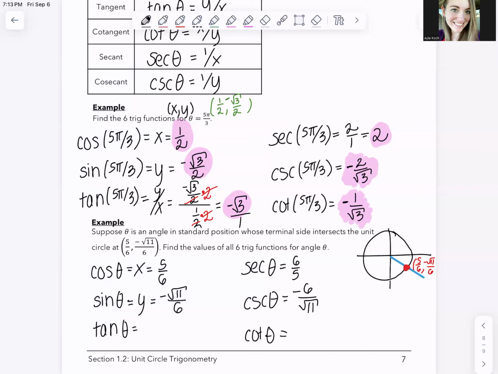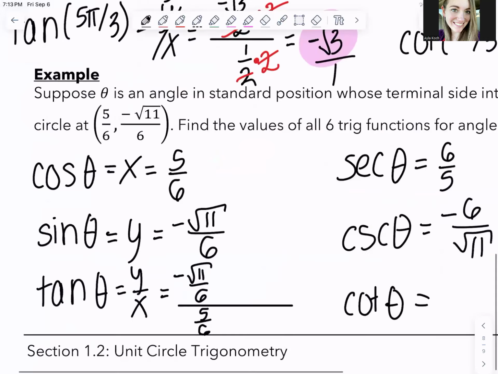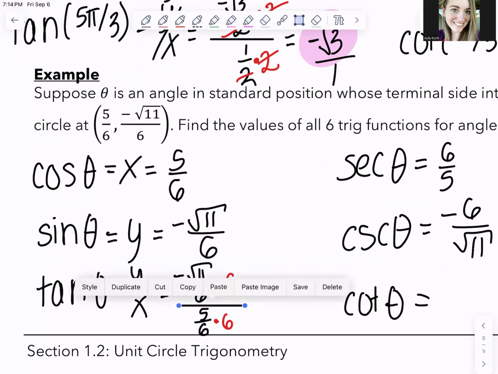Finally, for tangent of theta, which is y divided by x, we have y is negative √11/6 divided by x is 5 divided by 6. All right. I'm multiplying the numerator and the denominator of the big fraction, so the fraction whose bar is right here, by 6.